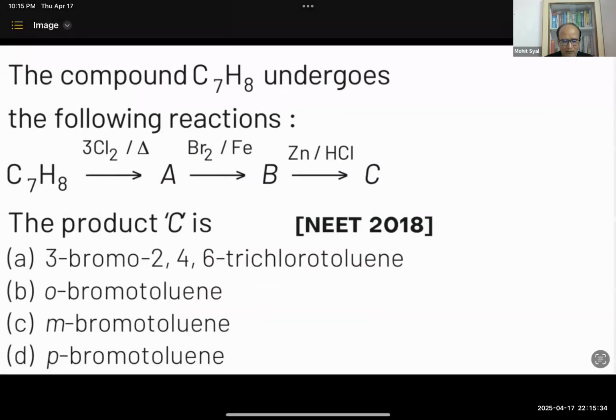So let's do this problem. This is chlorination with 3 moles in the presence of heat or light, that we discussed earlier.